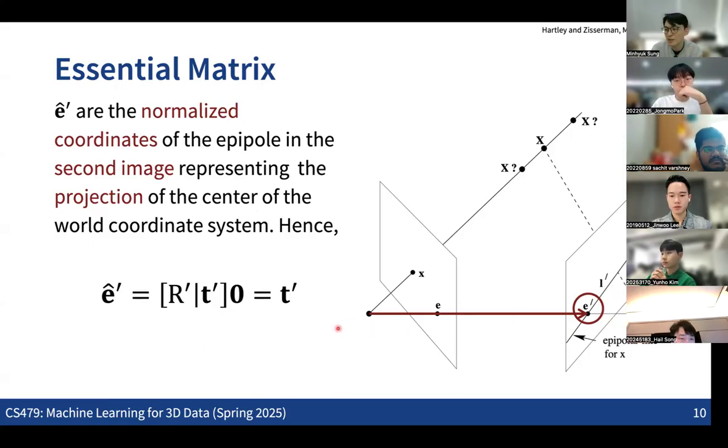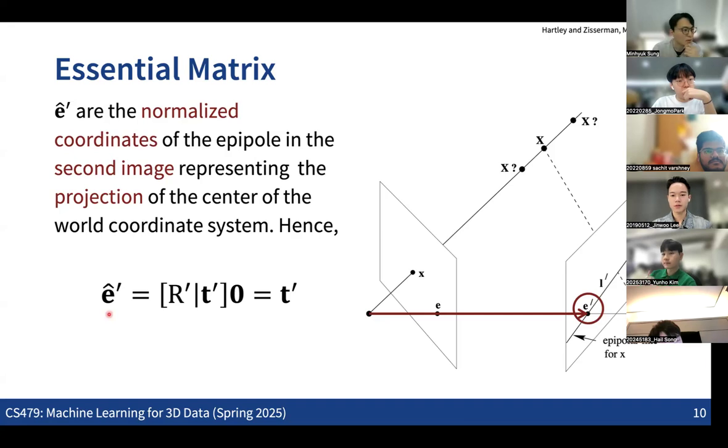And now we set the world coordinates to be the same as the camera coordinates of the first image. So the epipole can be computed by projecting the origin of the world coordinates with the extrinsic parameters of the second image, right? That should be the epipole, the normalized coordinates of the epipole.